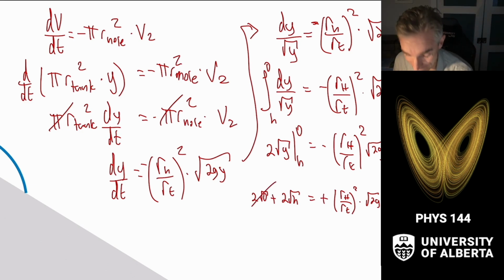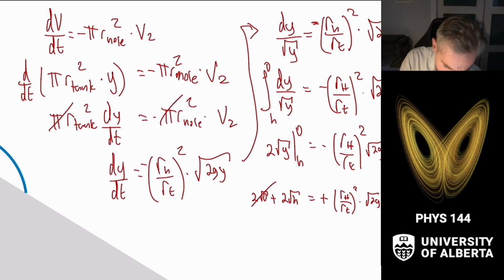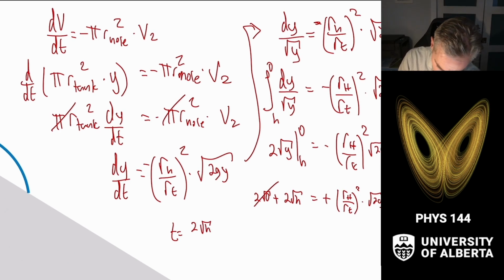See, I put it in there for a reason. And then I find that t is equal to 2 root h times RT over RH quantity squared divided by root 2g.